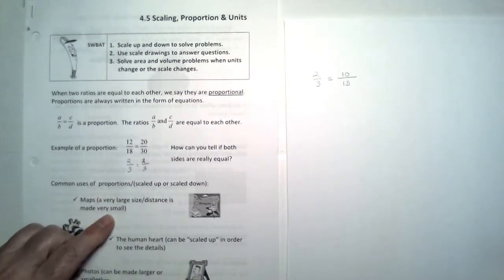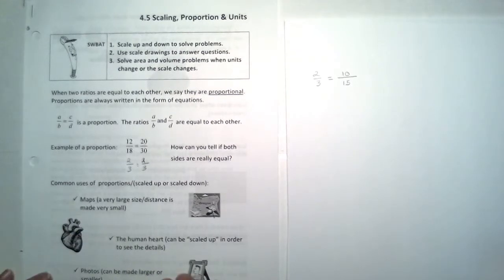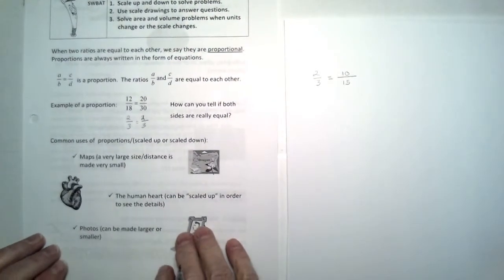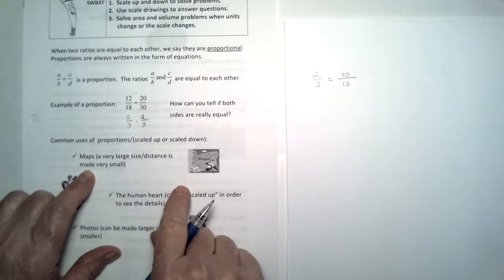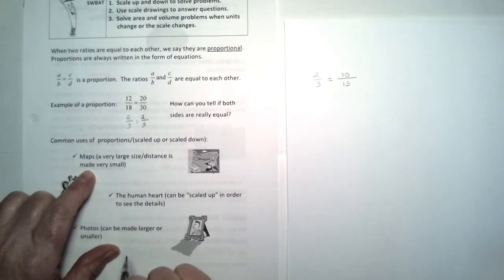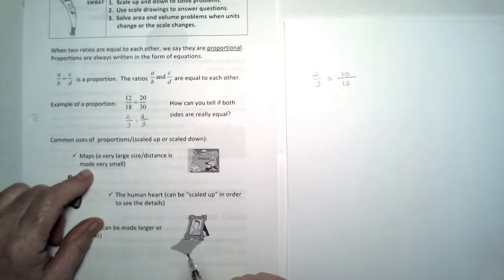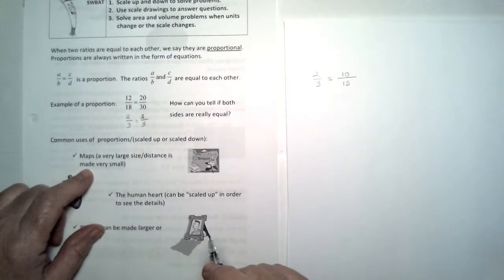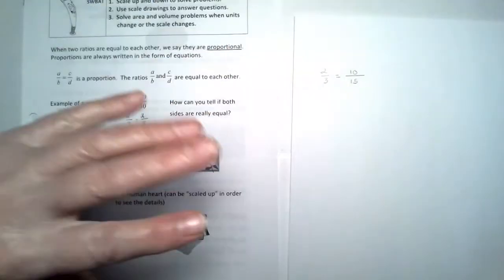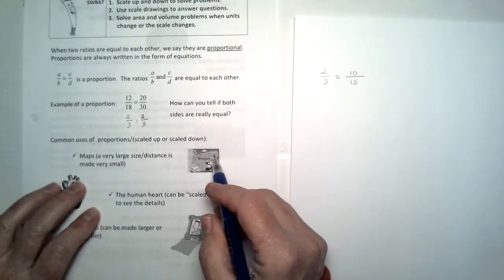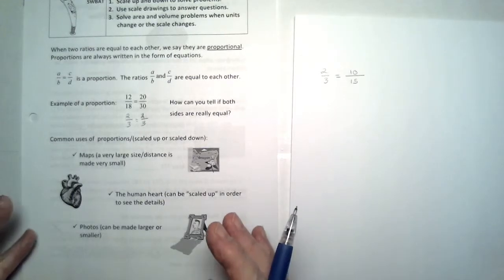Common uses of proportions are when things are being scaled up or things are being scaled down. For example, if we're interested in a map of Oregon, you can't go walking around with a map that's as large as the state of Oregon. That would be ridiculous. So in this particular case, you take something that's very large, the map of Oregon, and reduce it down.